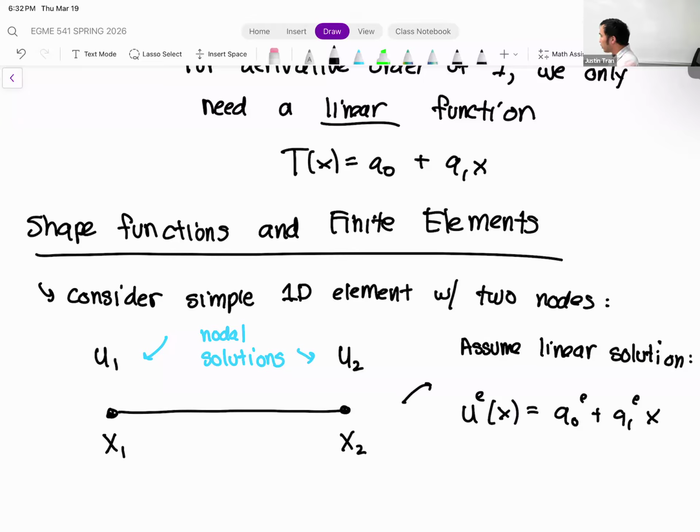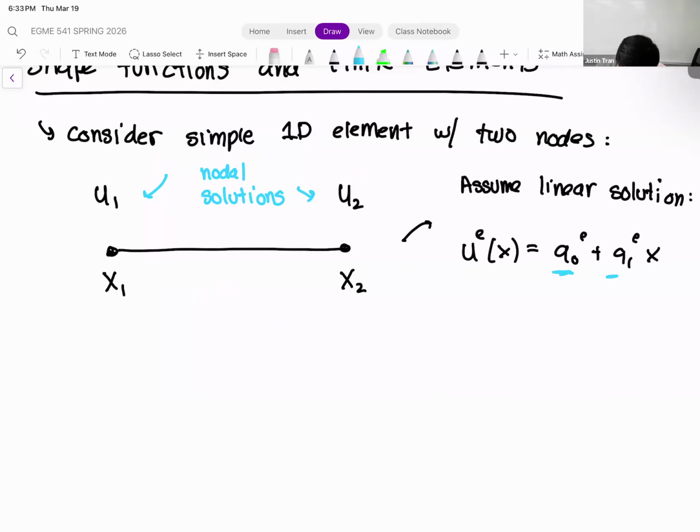We have our very simple linear function with only two unknown coefficients, a0 and a1. Okay, so we have a very simple case here. And so just like we did in the first example today, we want to solve for the coefficients a0 and a1, okay?